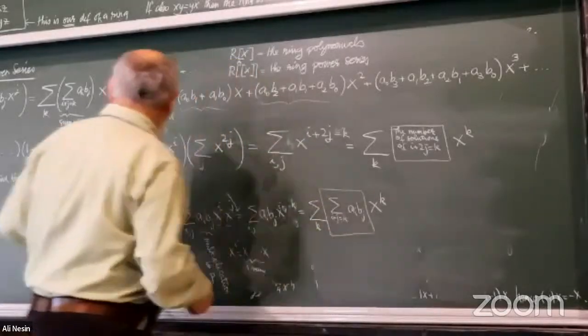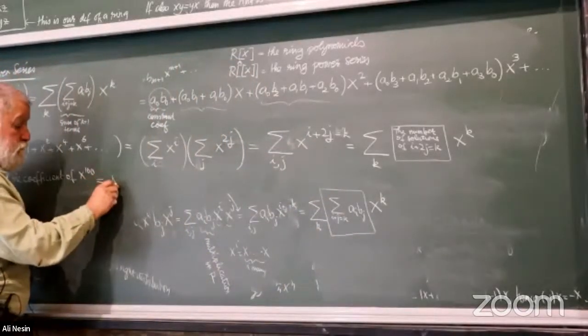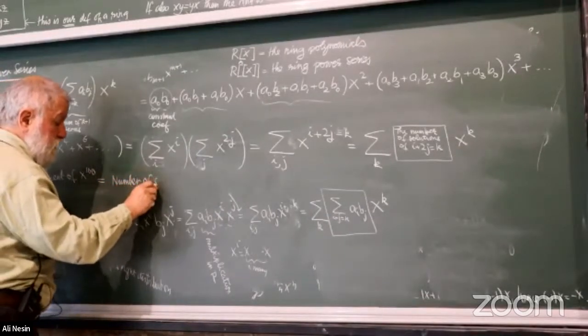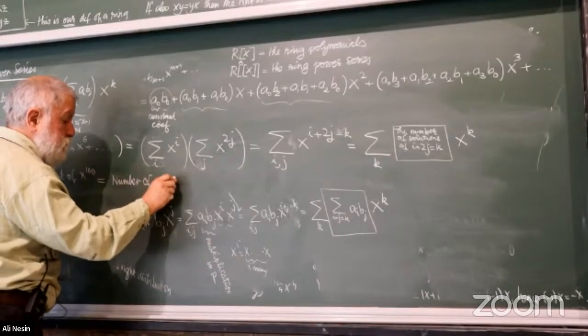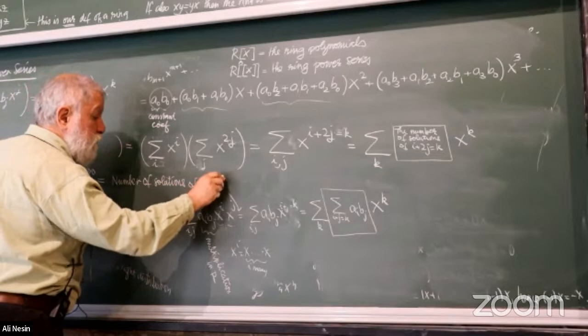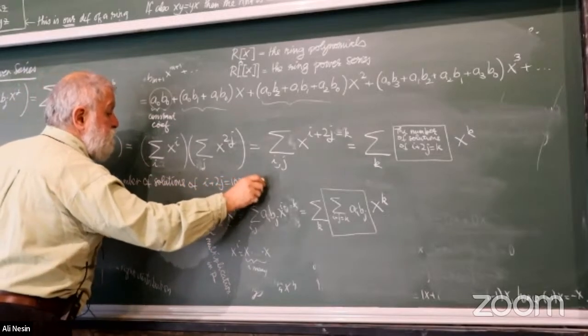Yes. Okay. So the question is, this is equal to the number of solutions of i plus 2j equal to 100, in natural numbers, right?